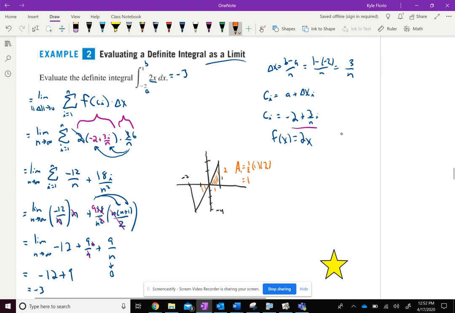And the area in this little region here is 1/2 base. The base is 2. The height is 4. 2 times 4 is 8. Half of 8 is 4.